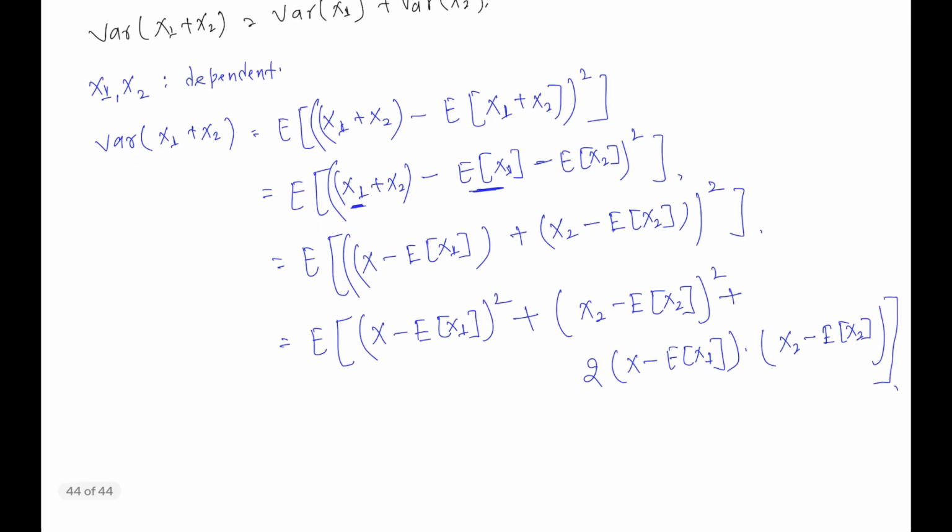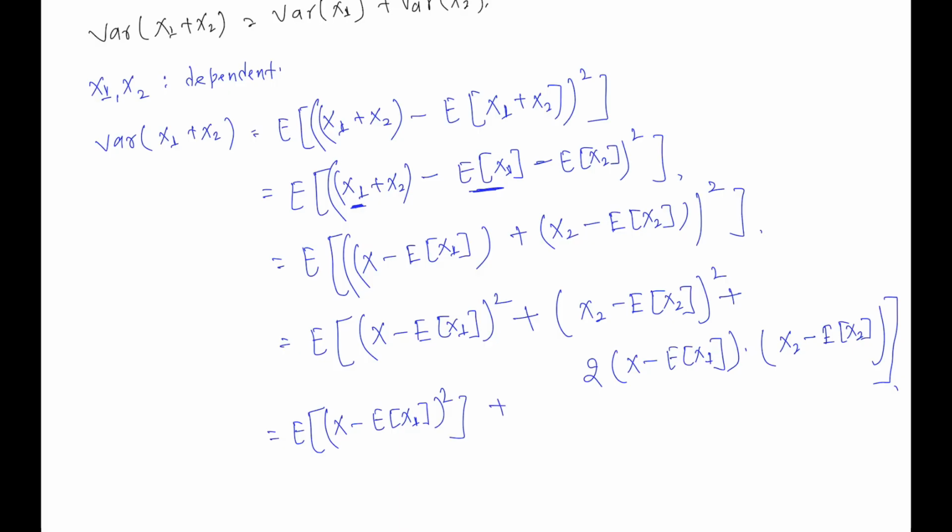Now use the linearity on these. So the first term would be the expected value of (x1 minus the expectation of x1) whole square, and recognize this term. What is this?